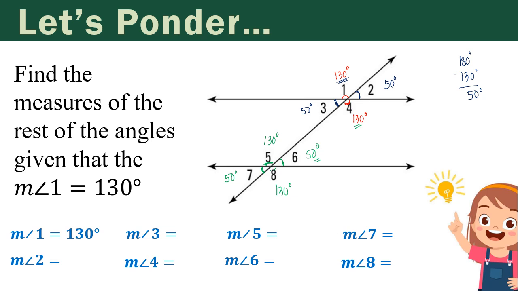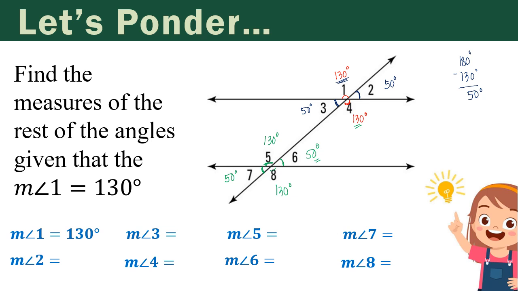But again, if you don't want to apply the vertical angle concept, you can apply some other angle pairs that we've discussed in this video. For example, you can apply again the corresponding angles concept, just like what we mentioned a while ago. Corresponding angles are congruent.